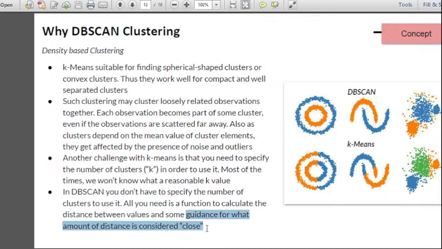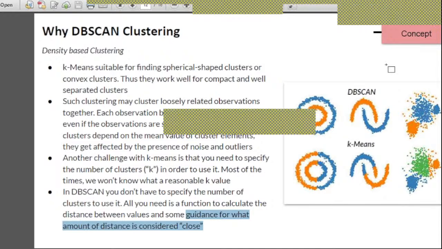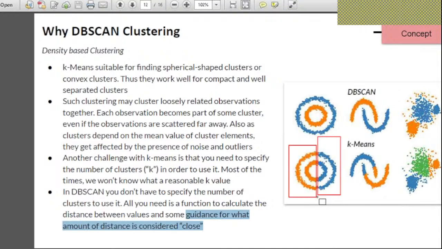If you see, k-means may classify these clusters this way, but with DBSCAN, these are not circular or spherical clusters.